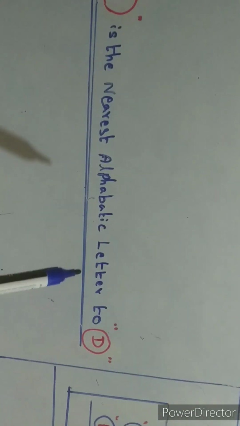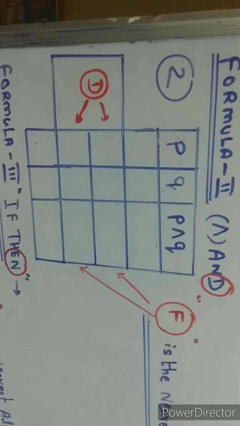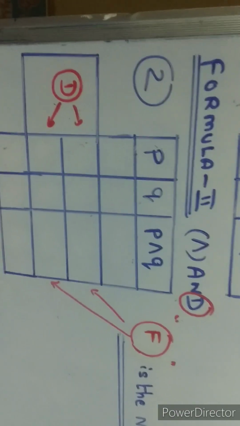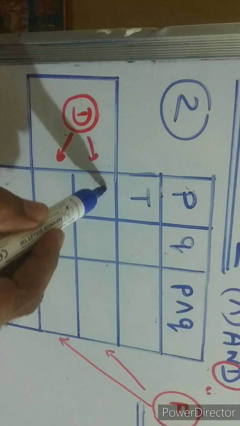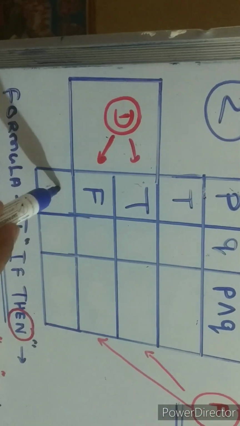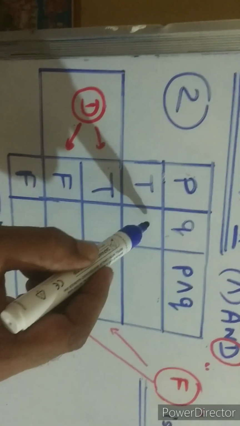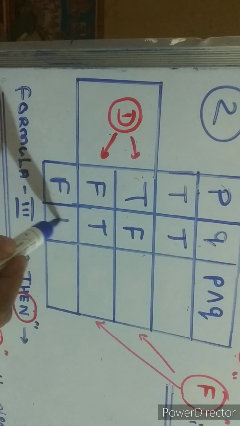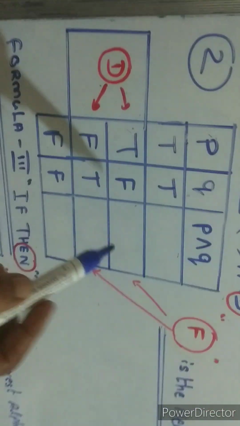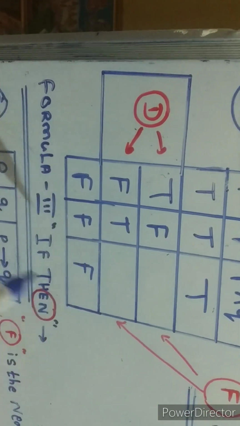F is the nearest alphabetic letter to D, and in the same way we have to fill in formula 2 also. Now T, F, that is common for all boxes. Here alternately T, F. Now TT is always T, FF is always F.